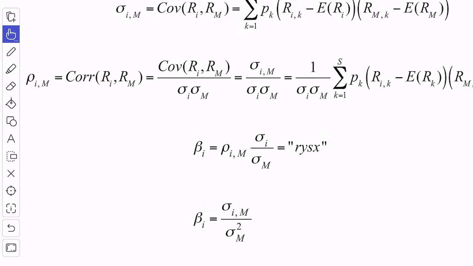And the other variation of the slope is just for every unit of variance of the market returns, what is the covariance? What is the influence on the covariance? So this is a measure of risk.